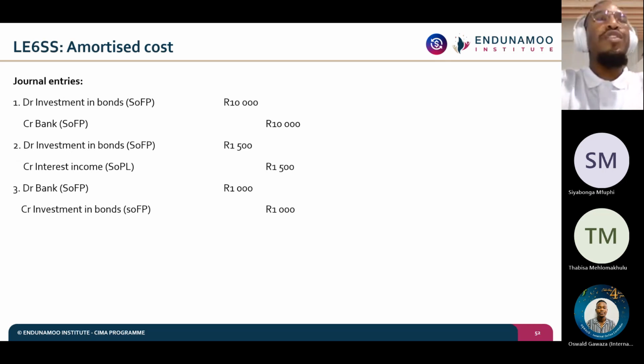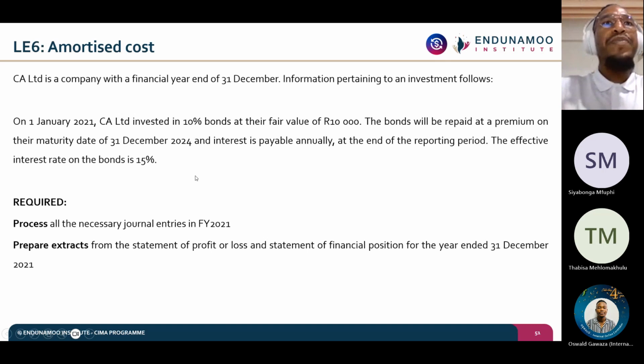On the 1st of January 2021, we would debit an investment in bonds and credit our bank account with 10,000 Rand. Why? Because the 10,000 is the fair value of the bonds at that date. The example said they invested in 10% bonds at their fair value of 10,000 Rand.